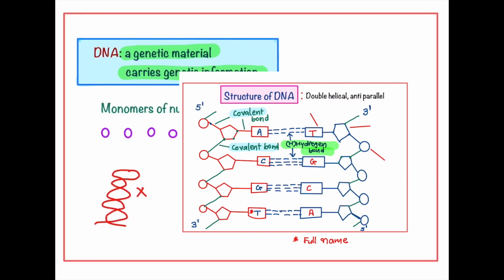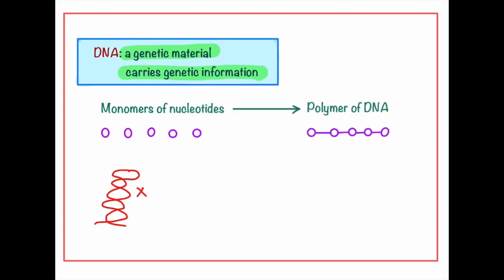But this structure is also equally important because it helps us to determine that DNA is double stranded as well as helical. So from this structure we can say that this DNA is double stranded and it has the helix, double helix basically. Clear? Right.